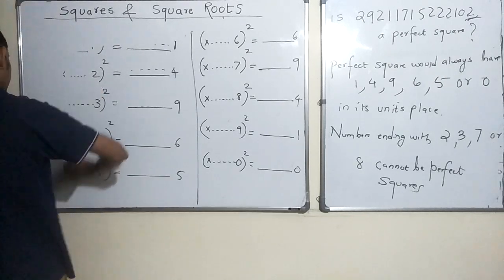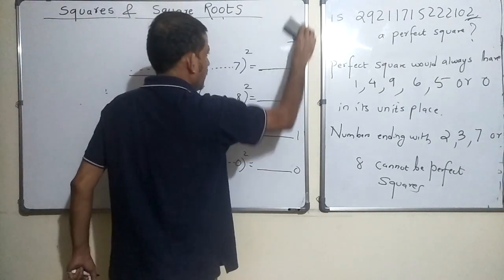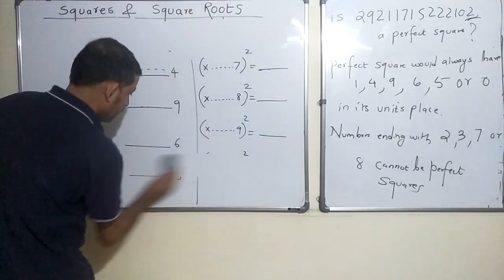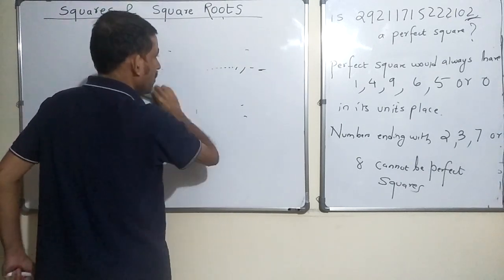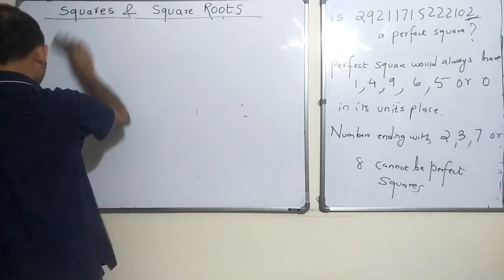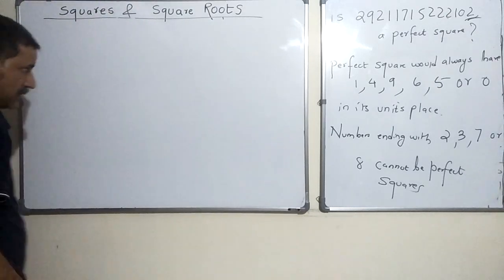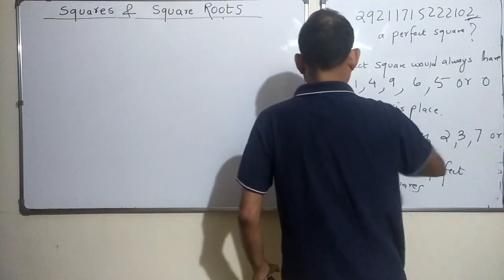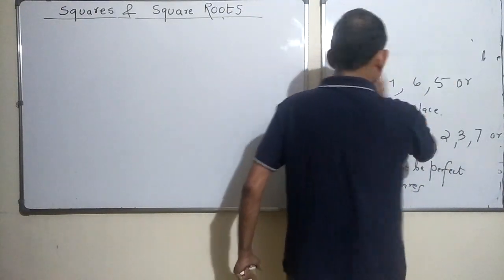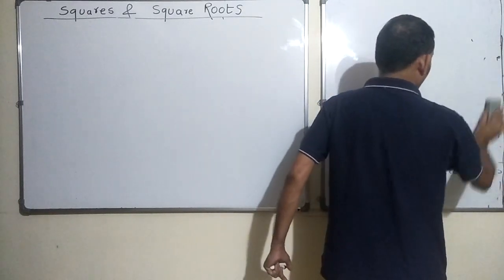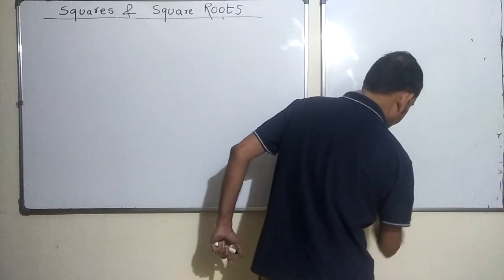So the next one, right? The next property says a perfect square when you divide by 3 will leave a remainder of 0 or 1. A perfect square when you divide by 3 will leave a remainder of 0 or 1 but never 2. Okay, let's see what that means.